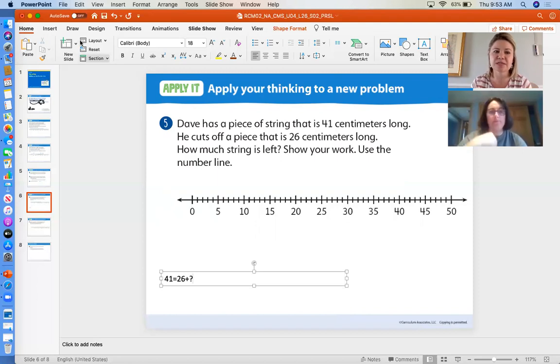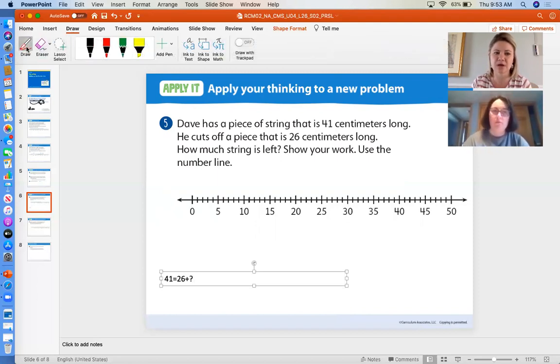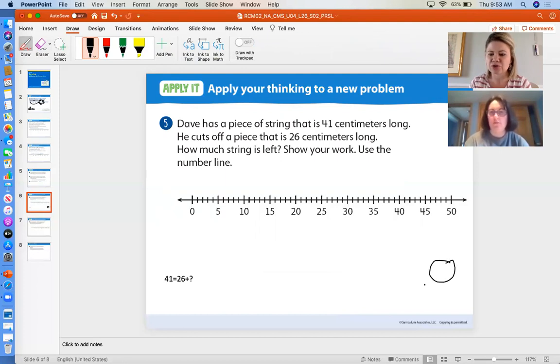So you can do the same thing with a number bond if you needed to. You could draw that number bond. You know the big number is 41, right, friends? You know where your signs go. And you know one part, which was 26. What you don't know is this part right here.